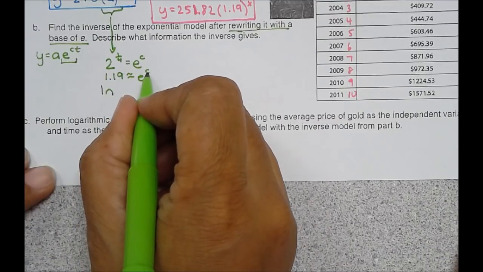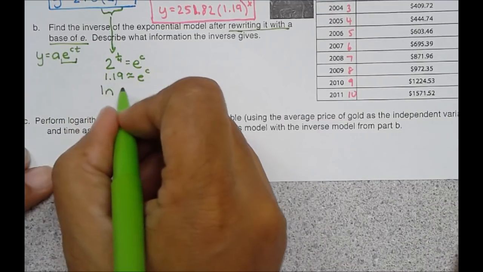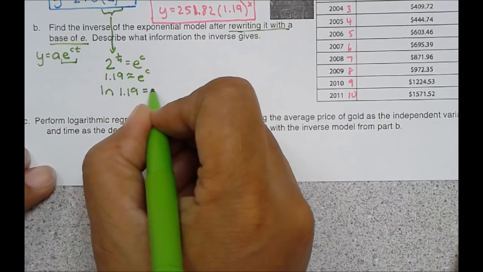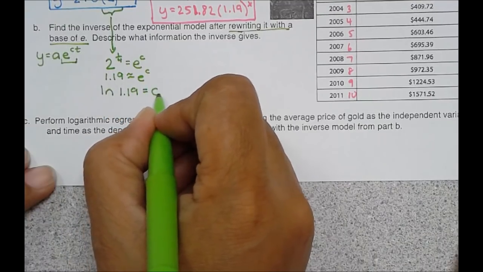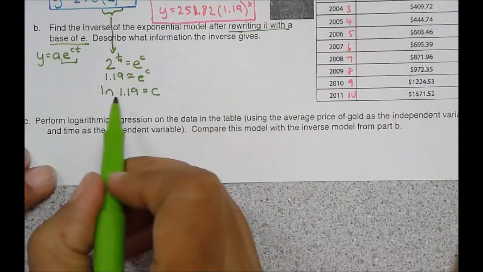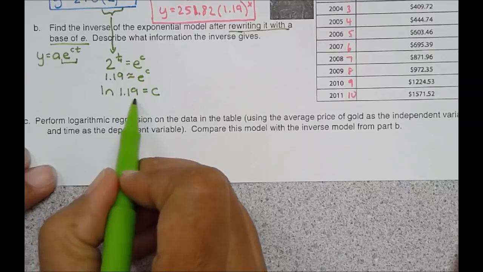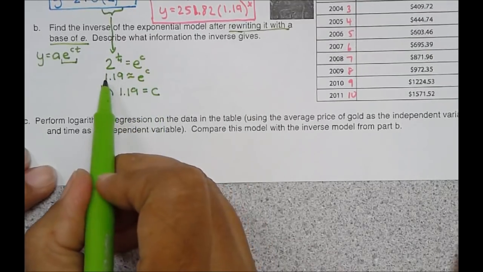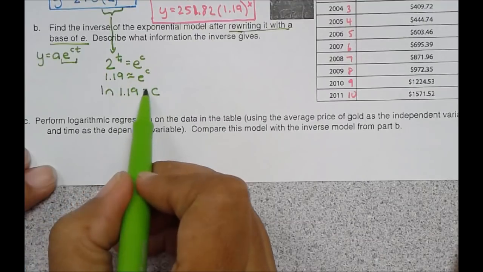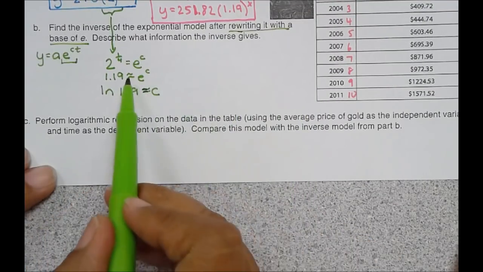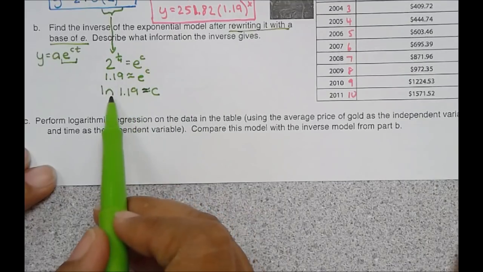The exponent is what a logarithm equals. So this 1.19 is here, and that's what is going to equal c. So ln of 1.19 equals c is exactly the same thing as 1.19 is about e to the c. It's just written in another form, logarithmic form.